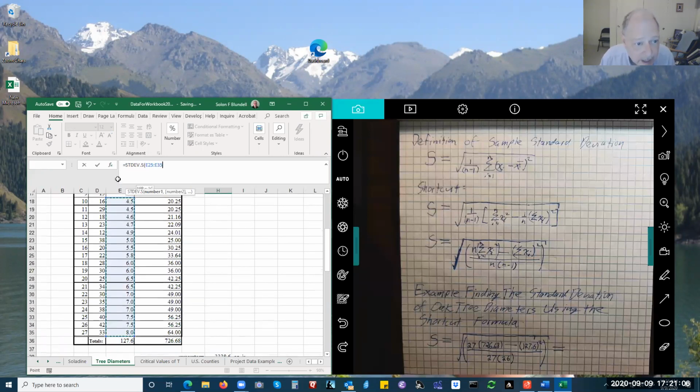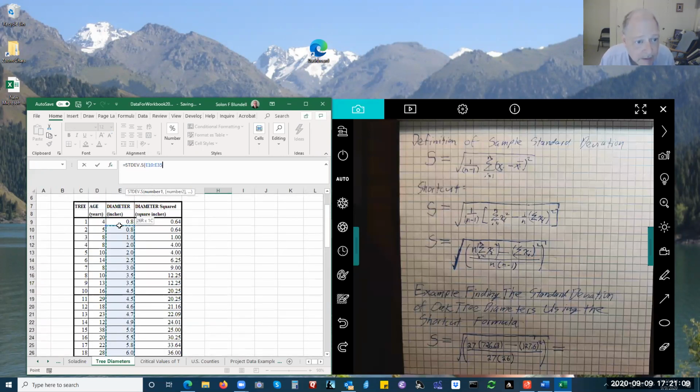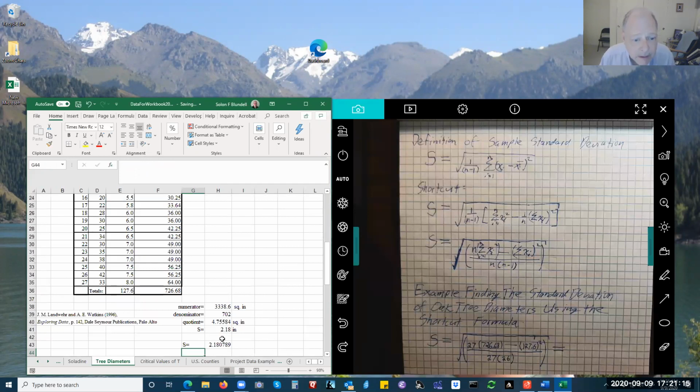I just select the data and close the parentheses, and it gets me the same thing. Okay, so that's all for this presentation.